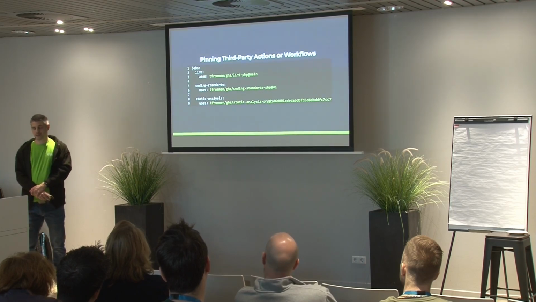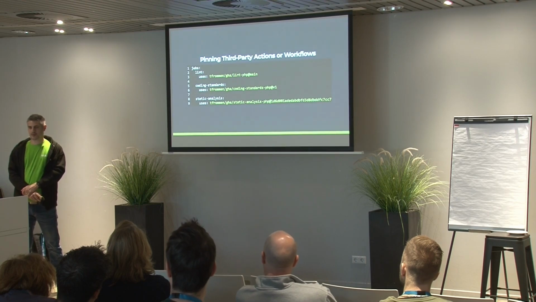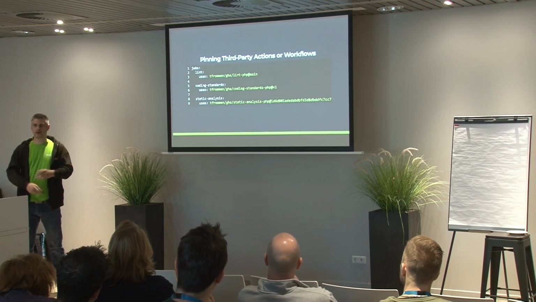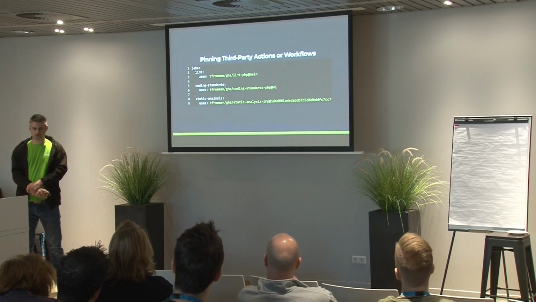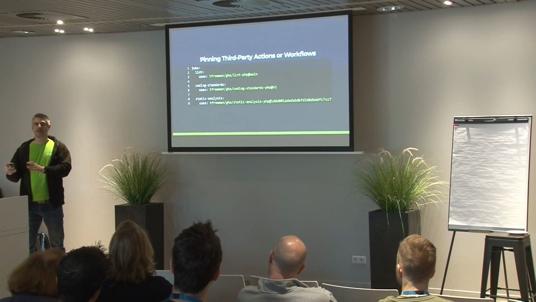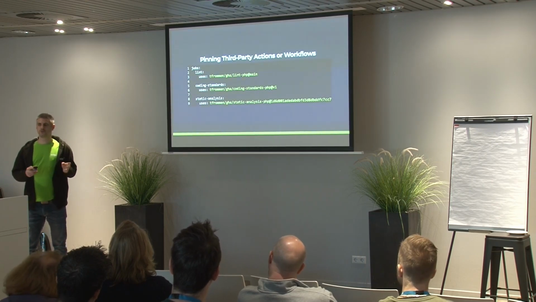I can completely understand if you say, yeah, but what if I have a lot of workflows and a lot of dependencies and they are being well maintained, so there are a lot of updates all the time. That's true. What you could do is abstract that into a reusable workflow for yourself.